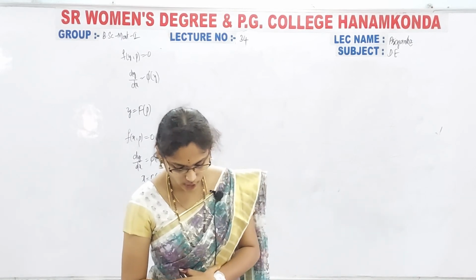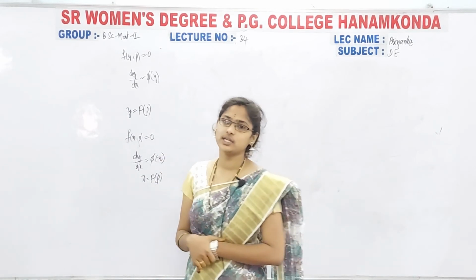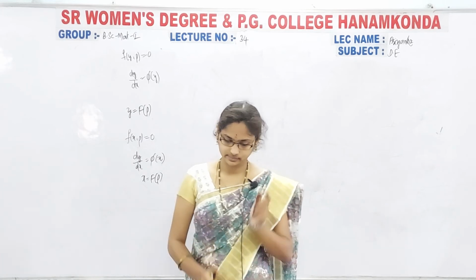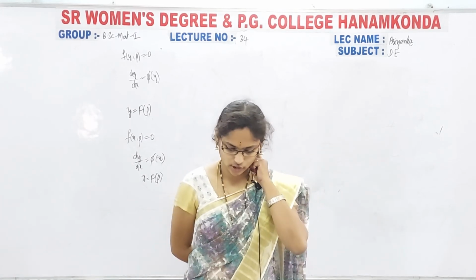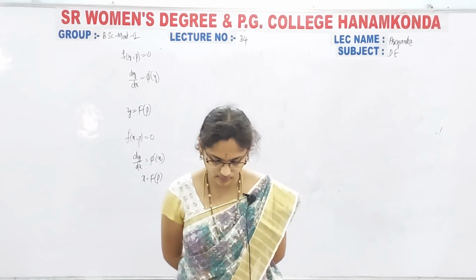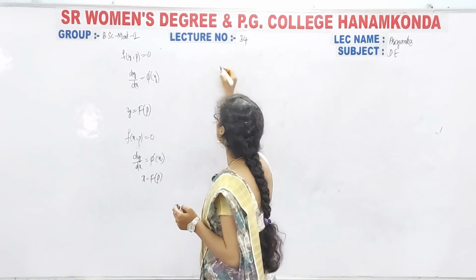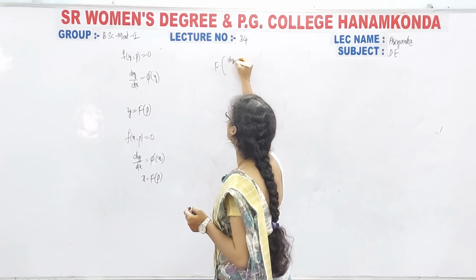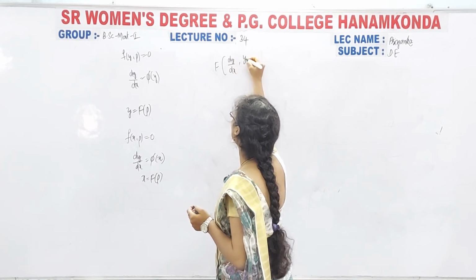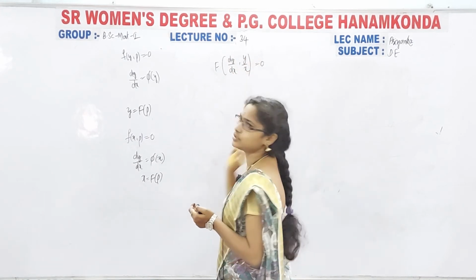Write down, when the equation is homogeneous in x and y, it can be written as f of dy by dx comma y by x equal to 0.